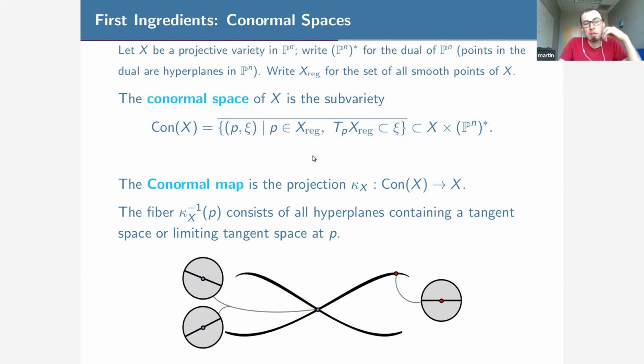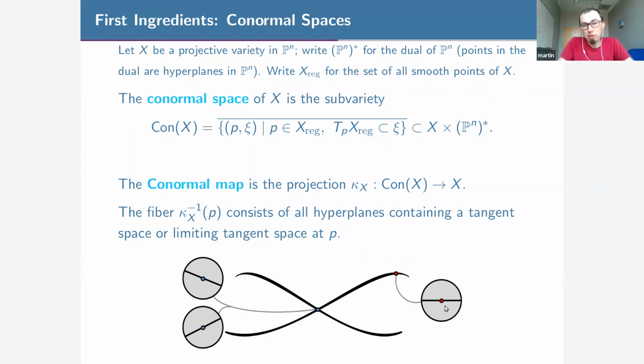And so the fiber of a point under this map is just going to catalog all of the tangent hyperplanes or the limiting tangent hyperplanes of the point, right? So for example, for this picture here where we have this X, we take a smooth point on this curve.